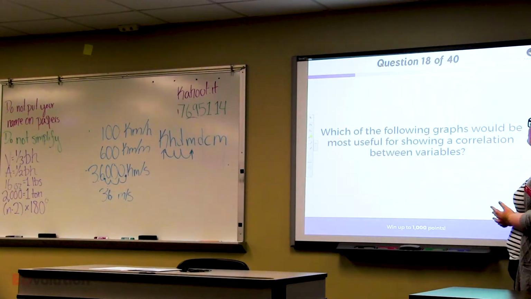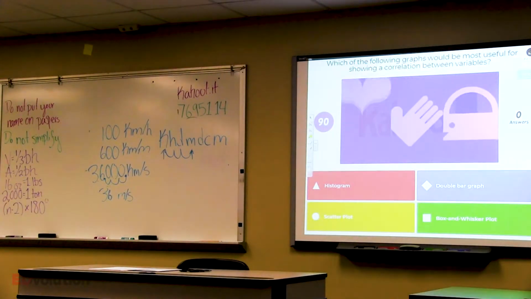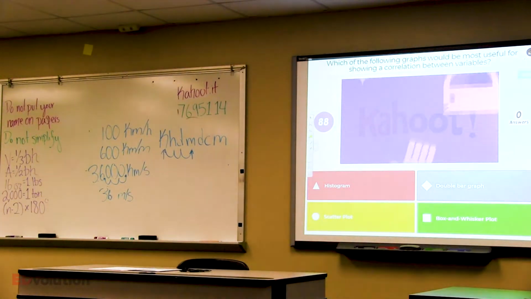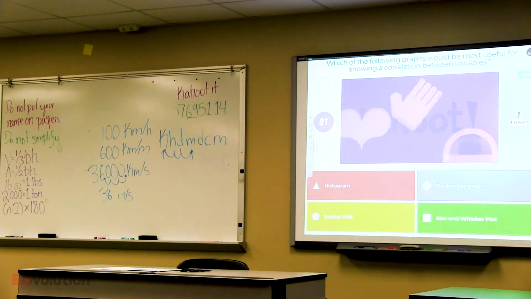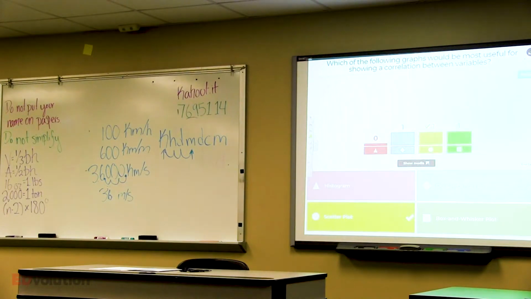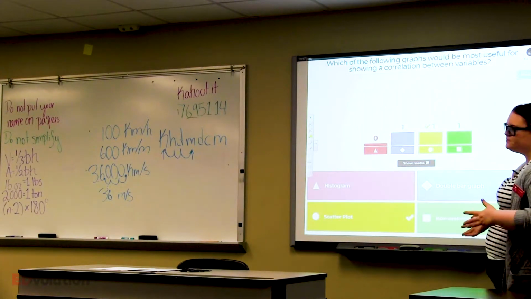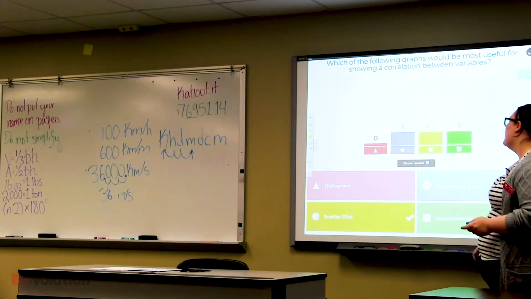Alright, which of the following graphs would be most useful for showing a correlation between variables? Okay, so with this one, we can use process of elimination.